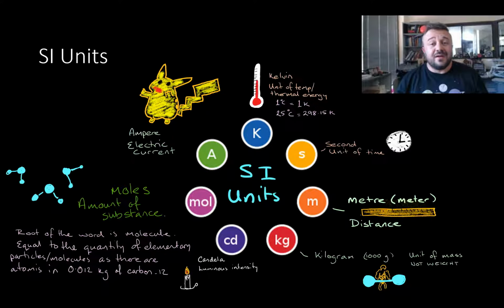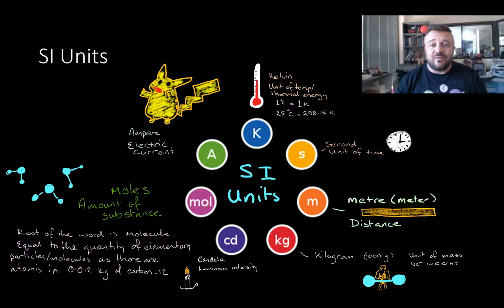The root of the word is molecule, and what it means is of the elementary particles of a substance, 1 mole is the amount of elementary particles you find in 0.012 kilograms, 12 grams, of carbon-12, a particular type of atom. So it's a really specific measure.